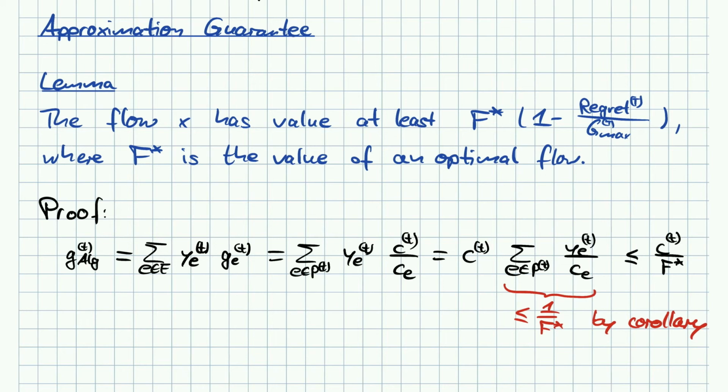Okay, this is the one thing that we have regarding the gain of our experts algorithm. We can then say what's the overall gain of our experts algorithm. The overall gain is nothing but summing this up over all time steps.